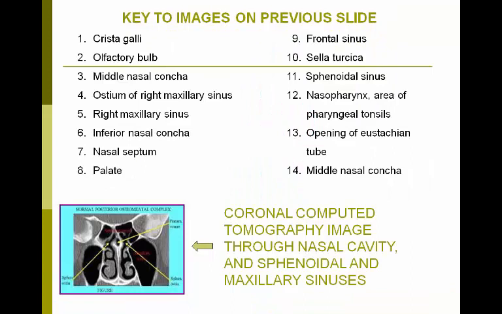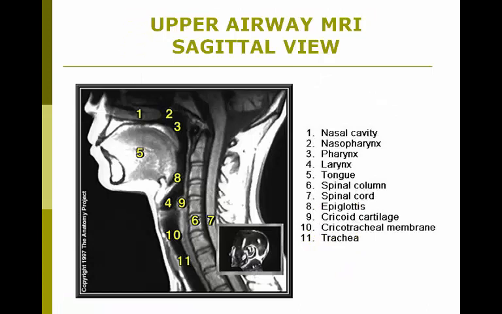So basically I've just told you what you're looking at on the previous slide, and then this is the MRI of the next one, the sagittal view that was on the right.